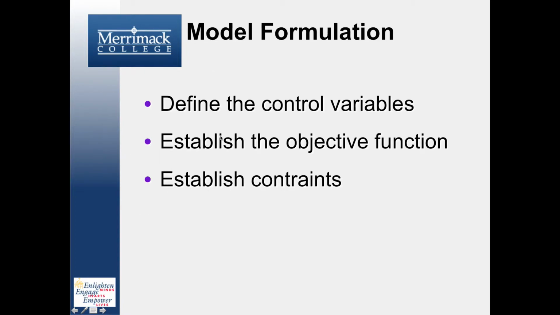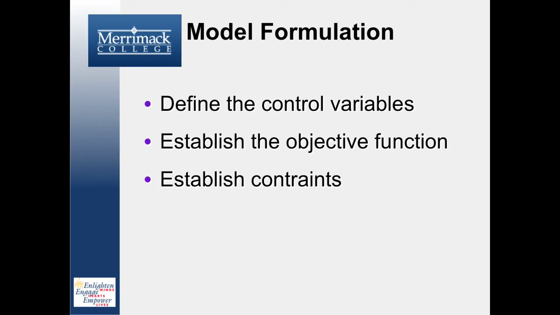So the idea here is to define the control variables, establish the objective function, and establish constraints. You'll be doing that with a set of real data from problem 5.7, I believe, in the ASA text.